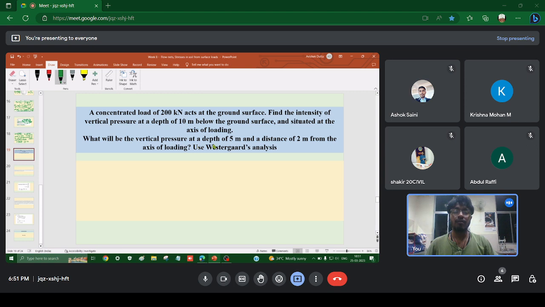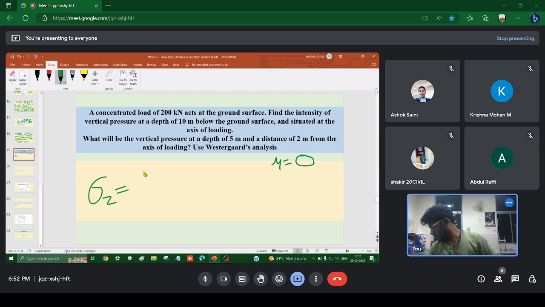See here, I had not written anything about mu. If something is not written, for majority of soils, mu, the Poisson's ratio, take it as 0.